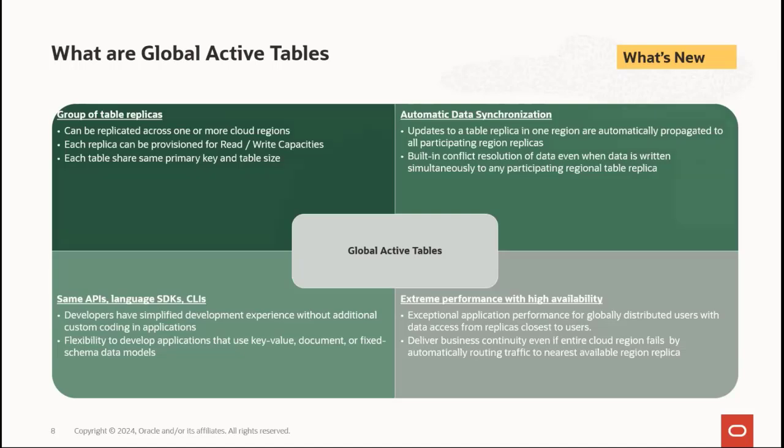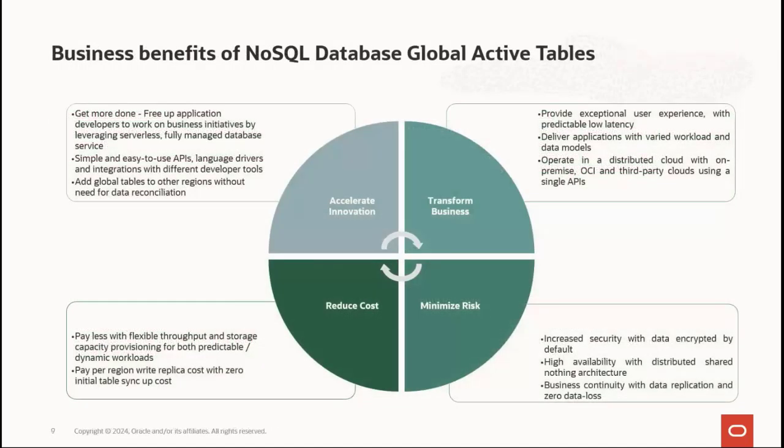This next slide covers some of the business benefits of global active tables. I'm not going to go through all of those. I'll leave this screen up for a moment or two. But essentially, one of the things that it will do is it will reduce cost.